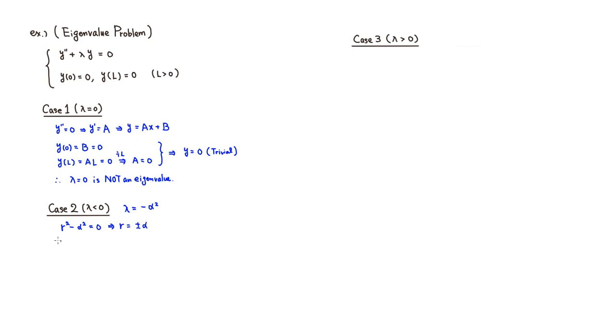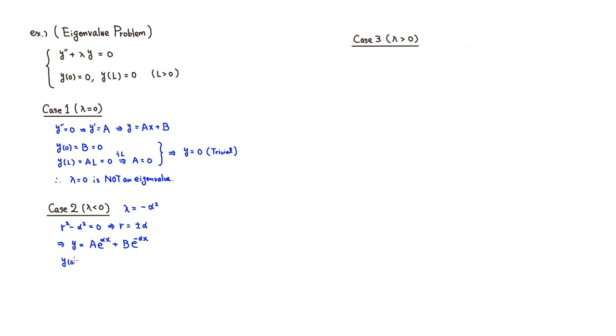This gives us the form of the solution: y equals a times e to the alpha x plus b times e to the negative alpha x.